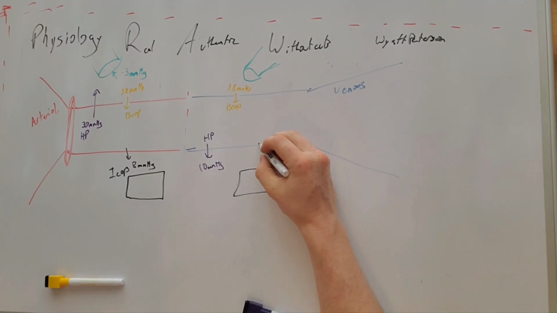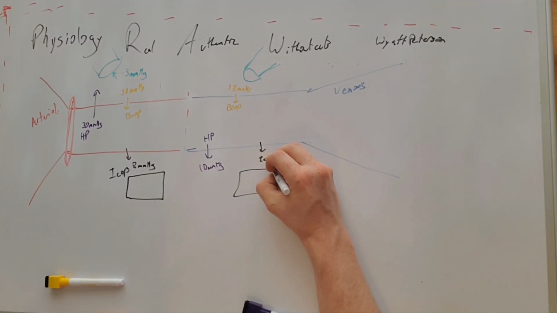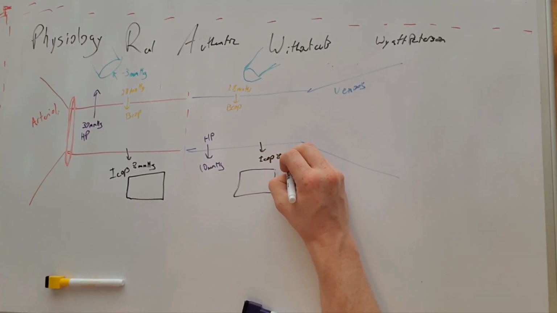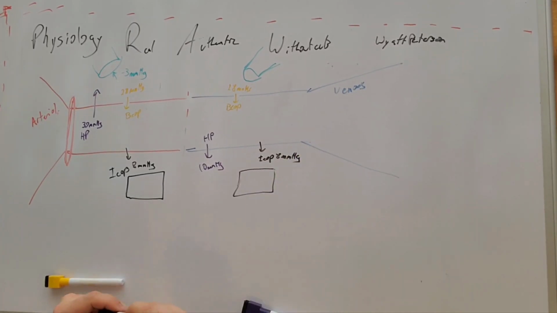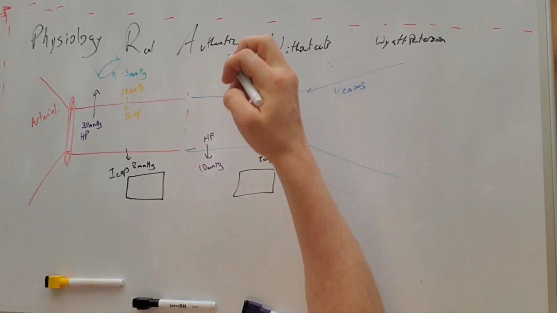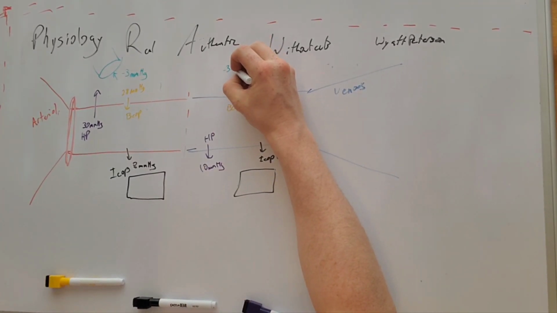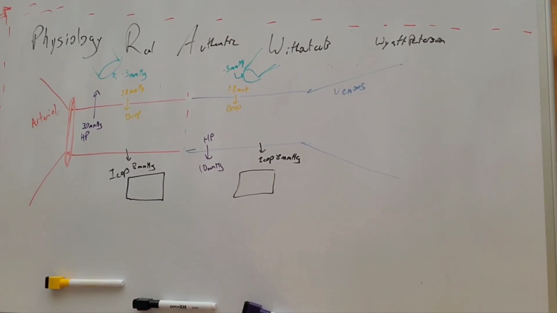Same for the I cup, 8 millimeters of mercury out, and then can't forget the lymphatic system with the 3 millimeters of mercury being pulled out of the system entirely.